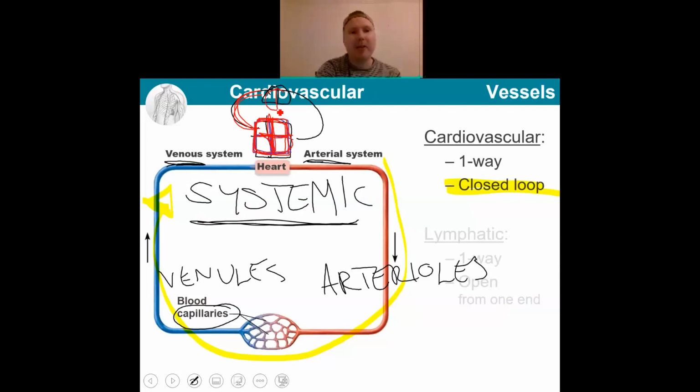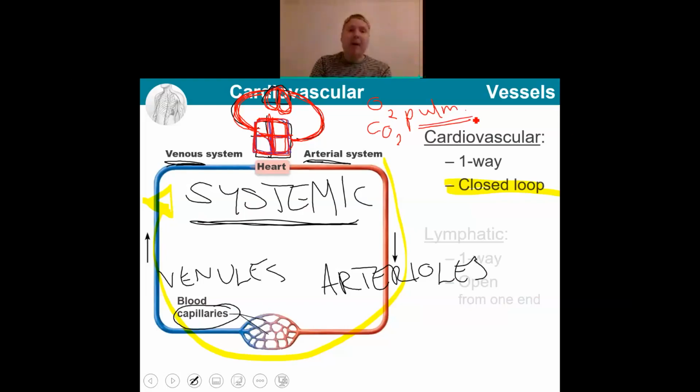This drawing here is trying to be lungs. I know it's a bit of a crappy drawing, but we'll live with it. The blood went to the lungs so that it could pick up oxygen and get rid of carbon dioxide, and then this blood returned back to the heart. This loop was our pulmonary loop.